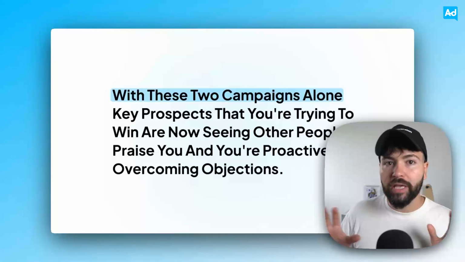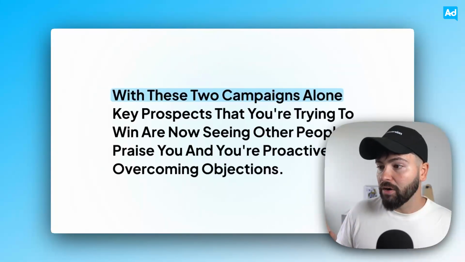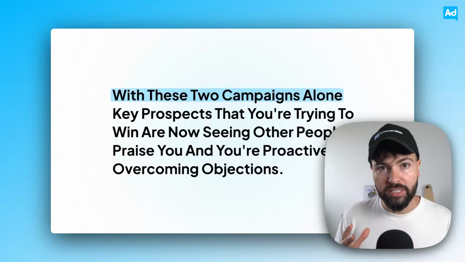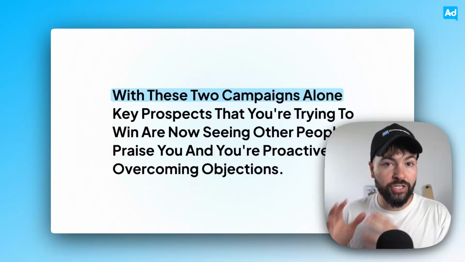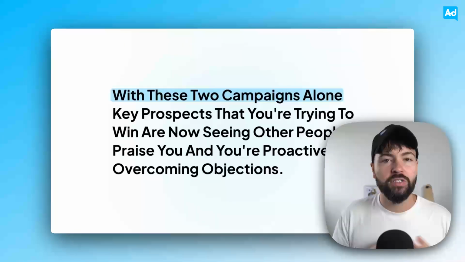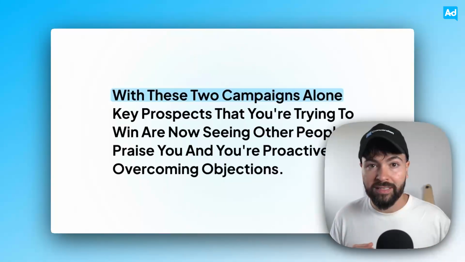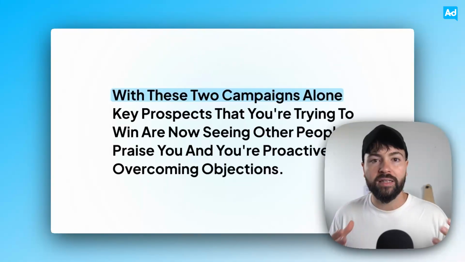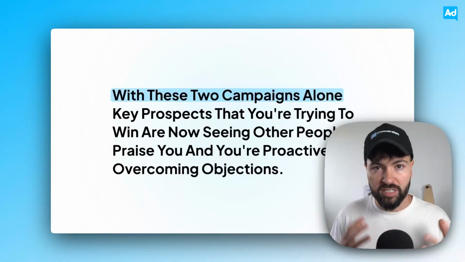Now, with these two campaigns alone, just think about how powerful this is. Prospects are now seeing other people praise you, and you're getting that third-party validation and proof. And in addition to that, you're proactively overcoming objections in the sales process. Your sales team doesn't have a ton of time with their prospects. They might have a 30-minute demo here and there, so they don't have a lot of time to cover the full scope and breadth of how you can actually solve their problems.